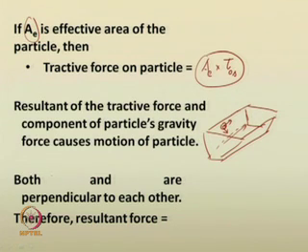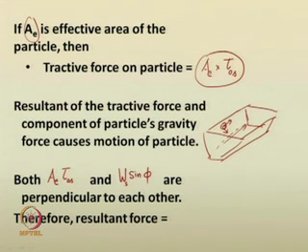So, both A e into tau 0 s and W s sin phi are perpendicular. You can find the resultant force.